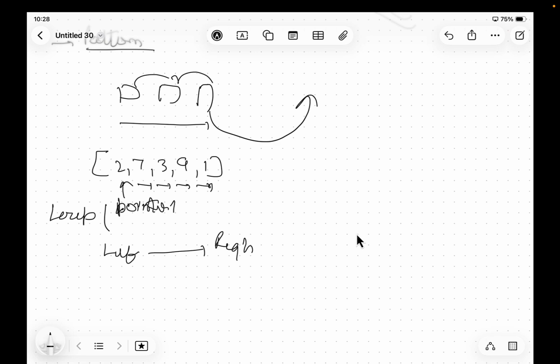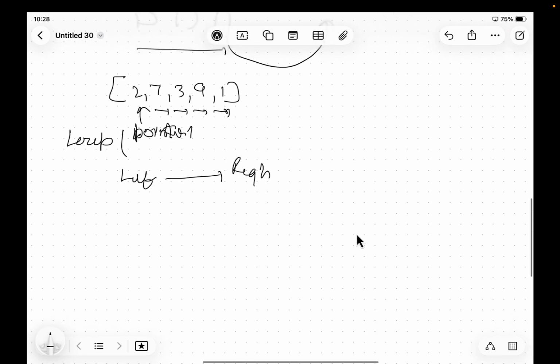So the question might come, why not a single pointer? Let's take one example problem to make it understood. This is one array which has some zeros and some non-zero numbers. Now imagine a problem like this.